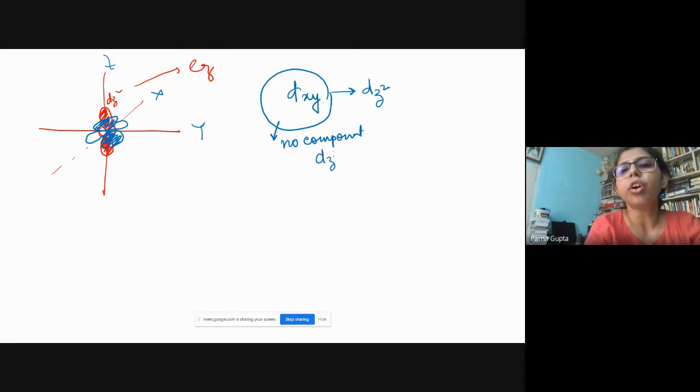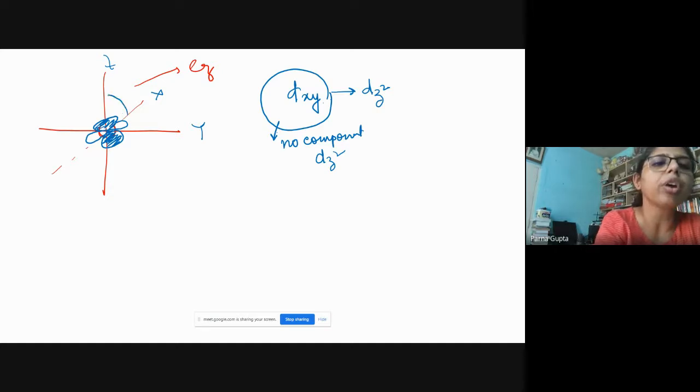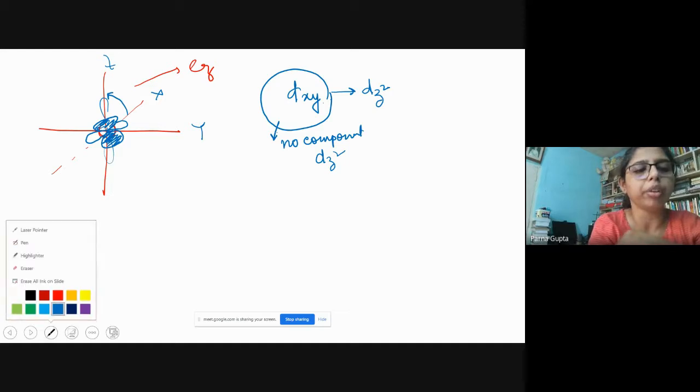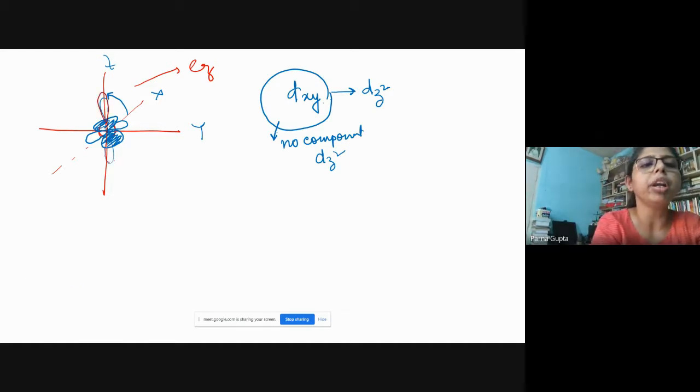So physically, you think that the electron density was in this direction. There is no component along the z axis, and then it is going to the z axis, to the dz2 component. So it is a complete relocation, so the energy required is high.